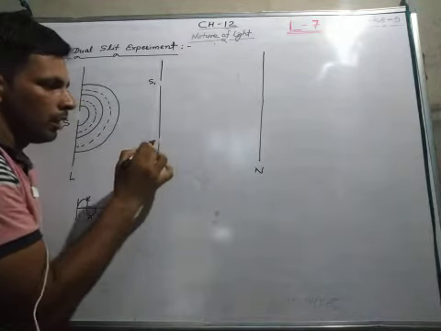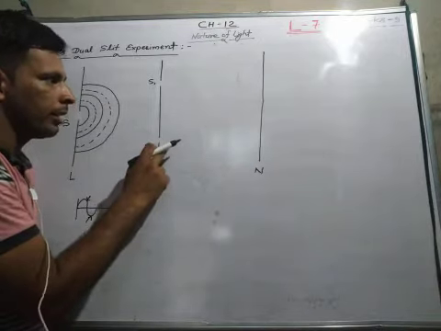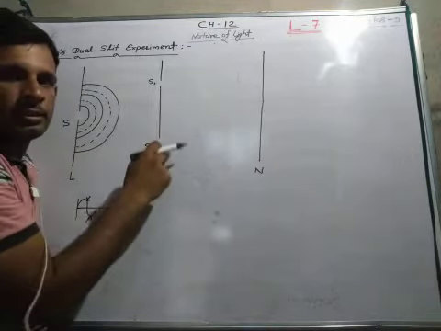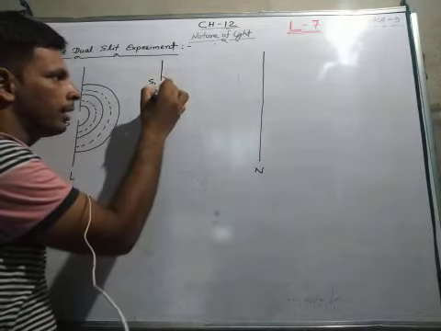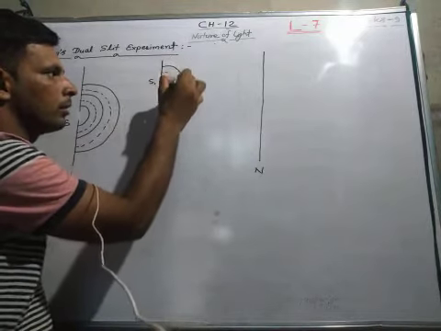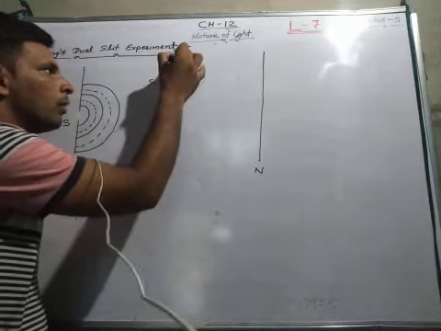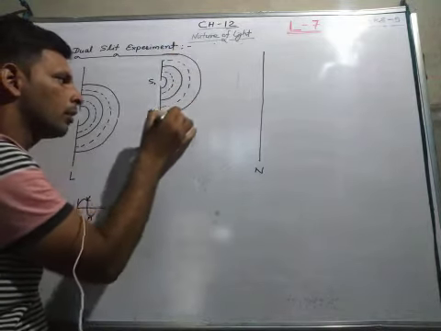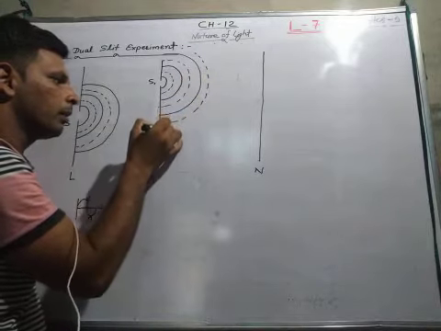Now I show the wave pattern at both slits S1 and S2: a straight line for the crest part and a dotted line for the trough part. Now for the second slit, likewise crest part as a straight line and trough part as a dotted line.